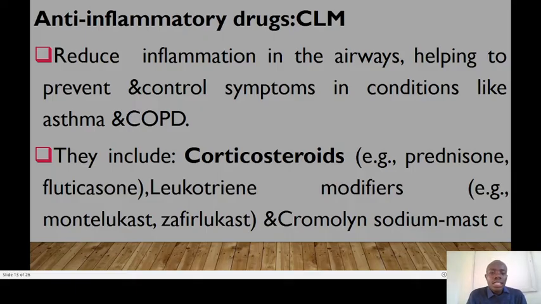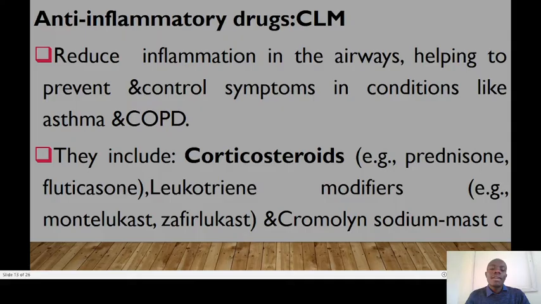They include corticosteroids, like prednisone or fluticasone, and these steroids you can simply identify using the "sone" ending. We also have the leukotriene modifiers like montelukast.